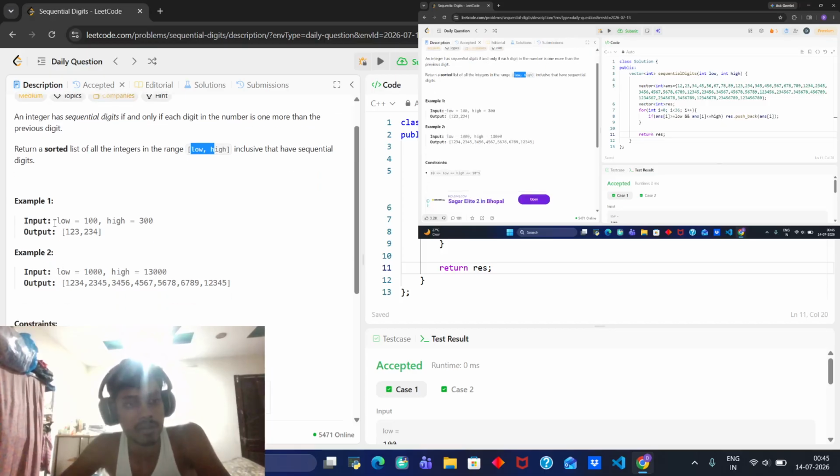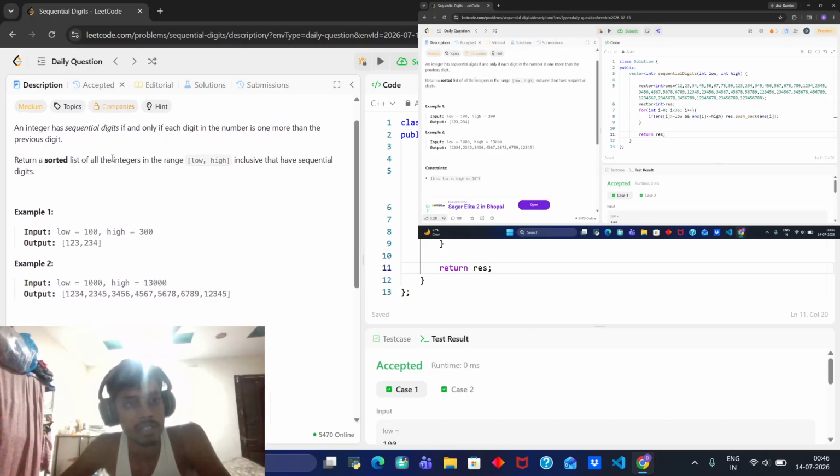Let's take the first example. Low is 100 and high is 300. We have to find, between 100 and 300, including 100 and 300, which numbers are the sequential digits.